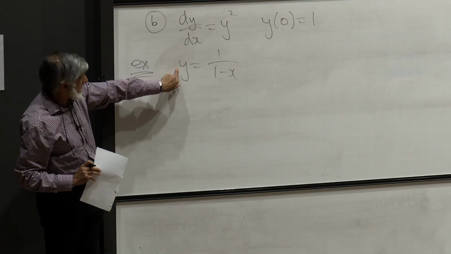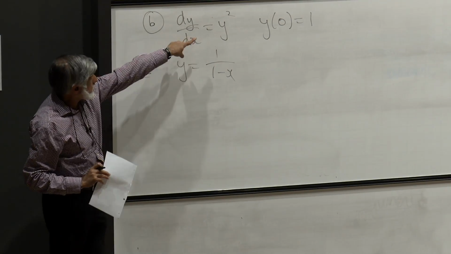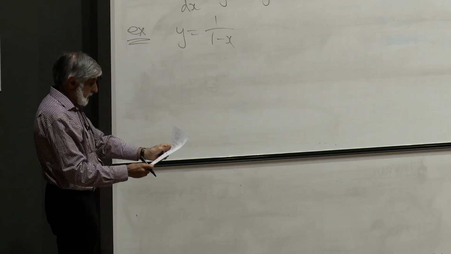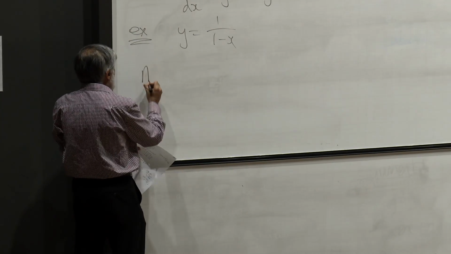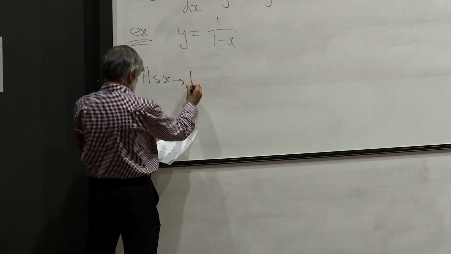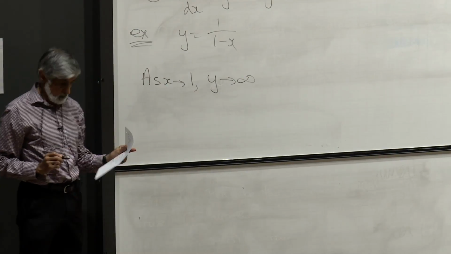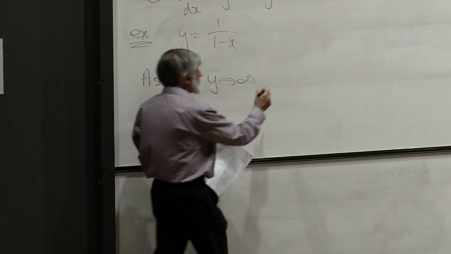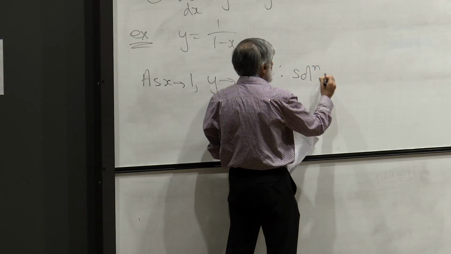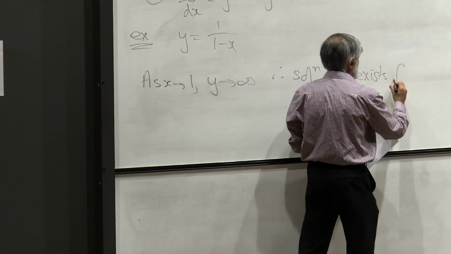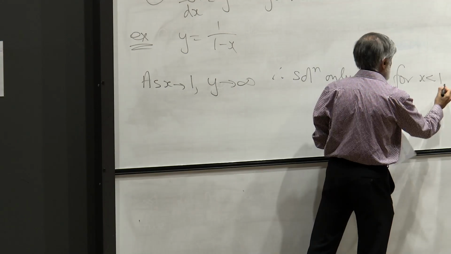Do dy by dx, and then make sure it's y squared, y of 0 equals 1. And then as x goes to 1, y will go to infinity. Therefore, solution only exists for x less than 1.